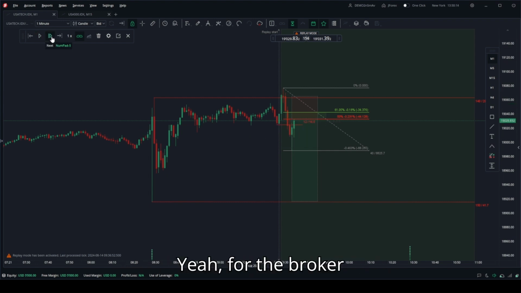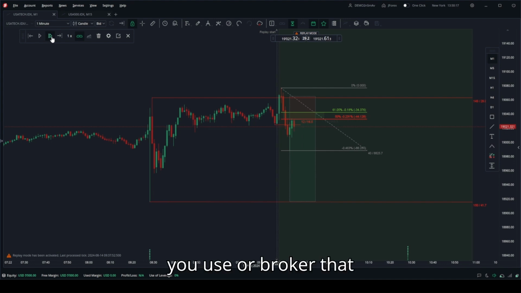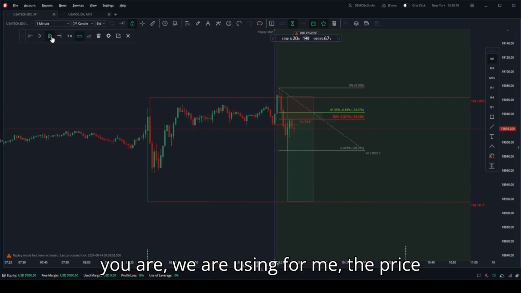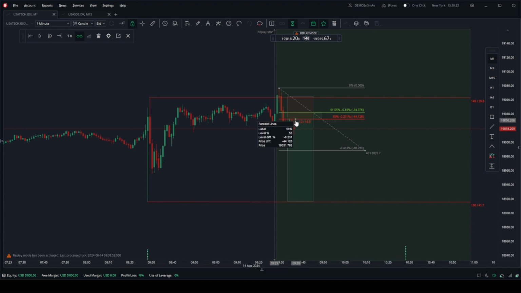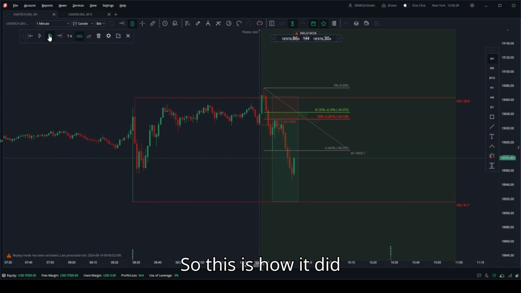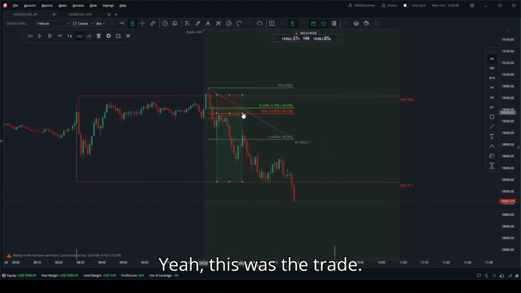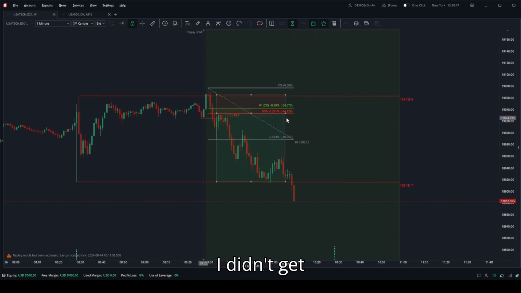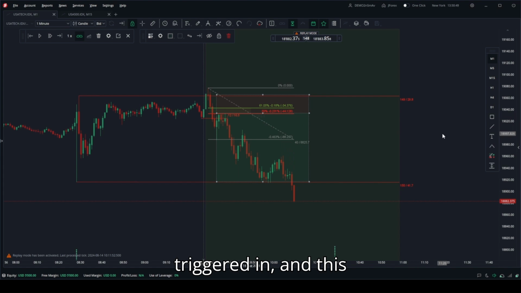For the broker that we are using, for me the price didn't trigger me in. So this is how it worked out. This was the trade, but I didn't get triggered in, and this was supposed to be our trade.